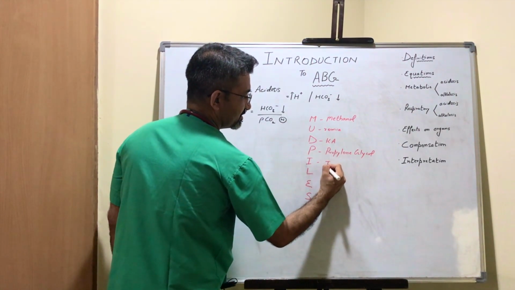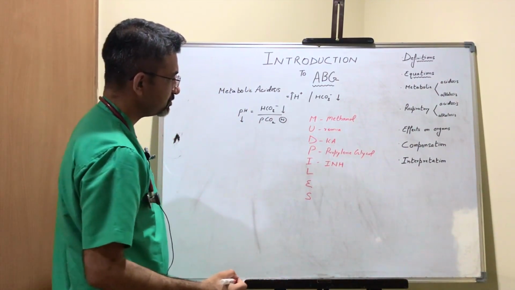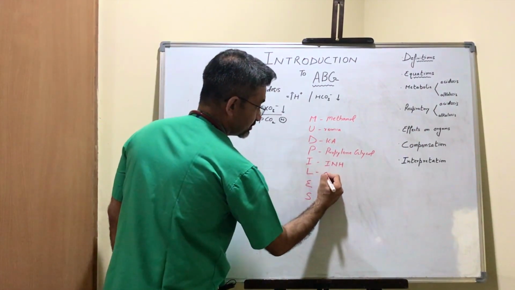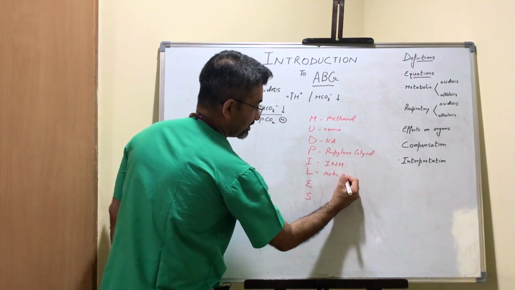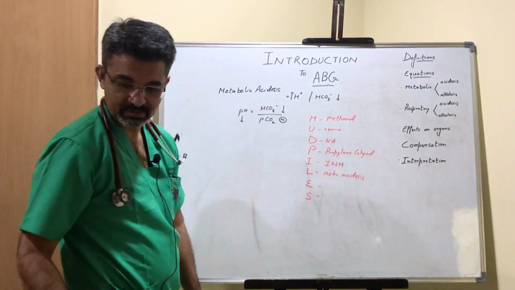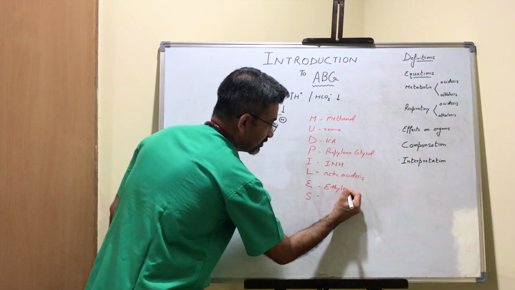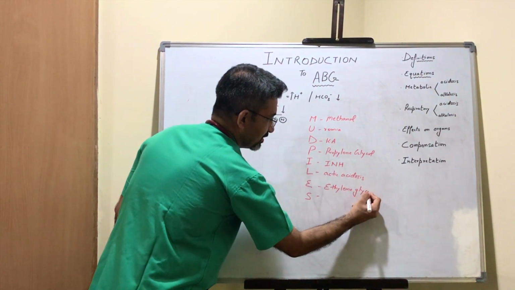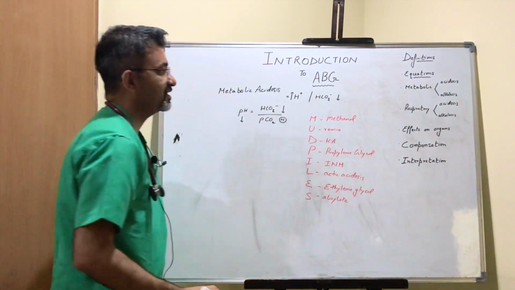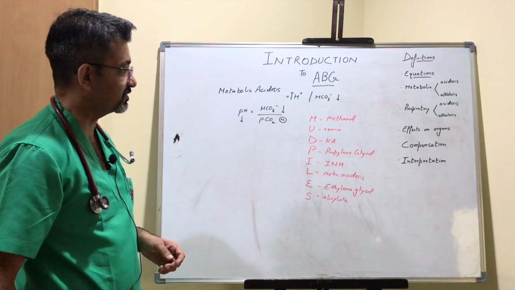I is isoniazid, the anti-tuberculous drug. Then you have lactic acidosis. Then you have ethylene glycol. And lastly, you have salicylate, your aspirin. So these are the most important causes for your metabolic acidosis.